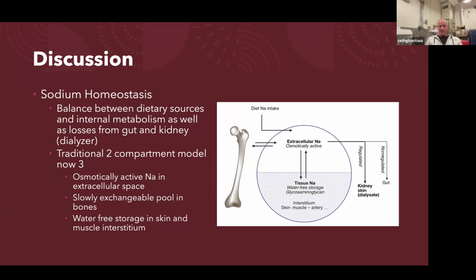So you have osmotically active sodium that we all know about in the extracellular space, a slowly exchangeable pool in the bones, and then this new concept of water-free storage in the skin and muscle interstitium.